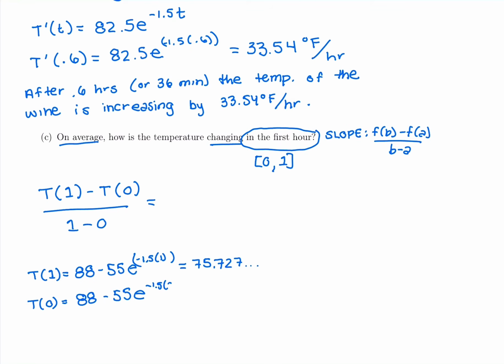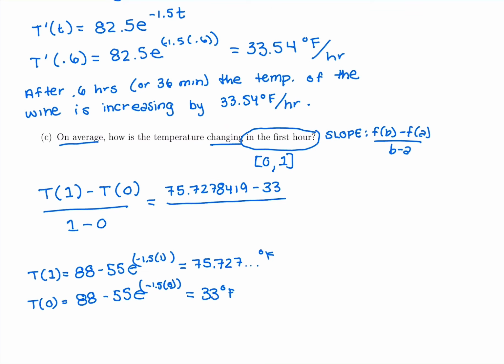It tells us that initial temp. So we have 75.7278419. I try not to really round until the final answer.